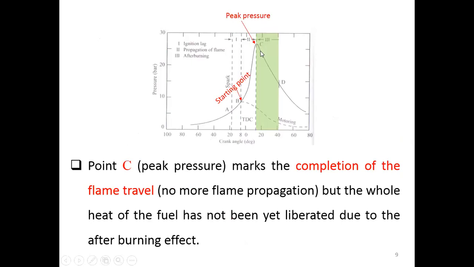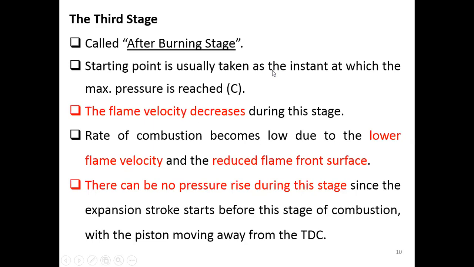What you see is pressure starts to decrease in the third stage of combustion, because the expansion stroke has already started, with the piston moving away from the top dead center. So combustion starts to reduce or there is no more combustion, so no more pressure rise here because the expansion stroke happens also here.